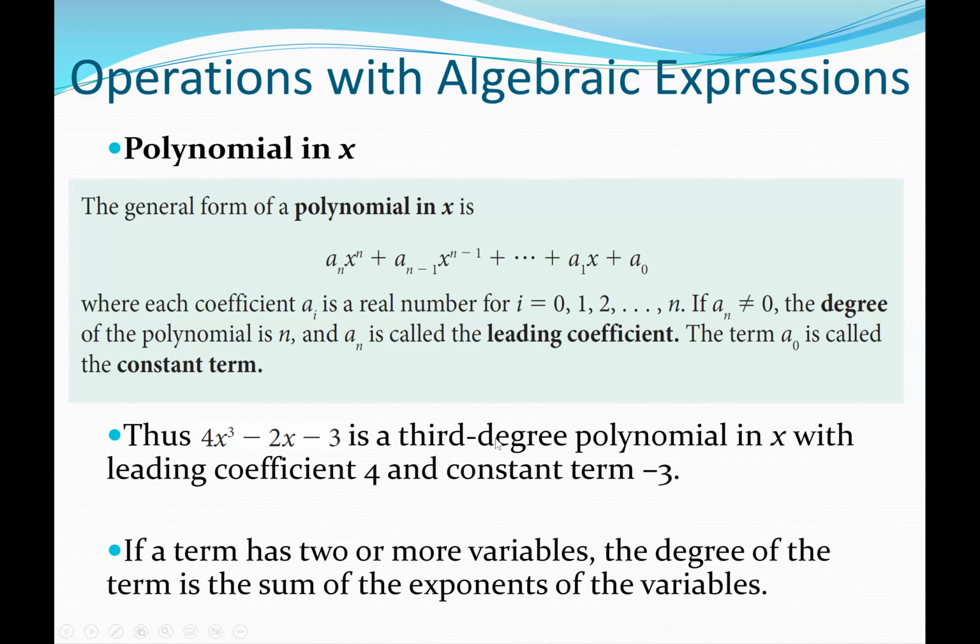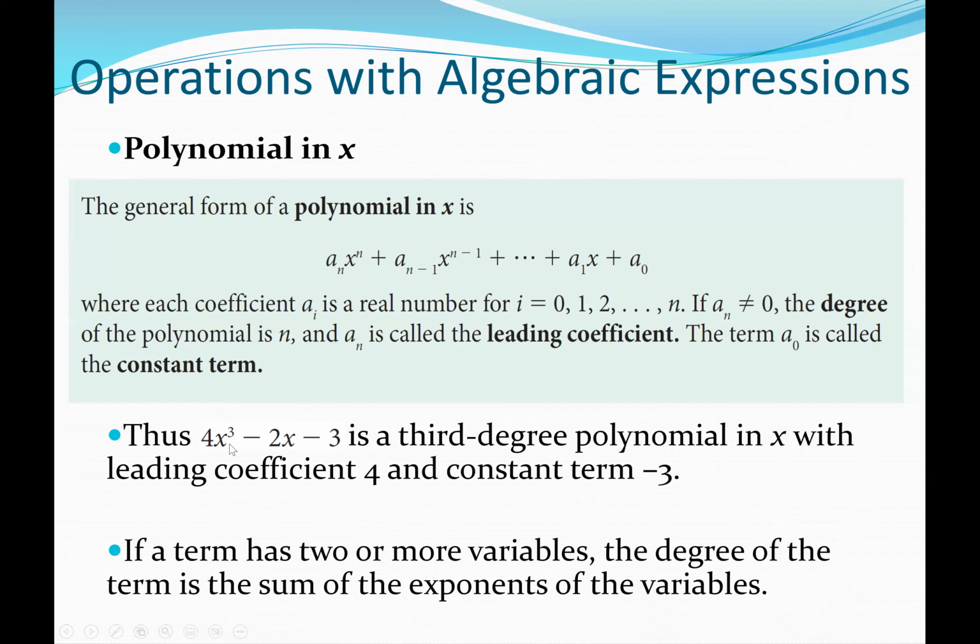There's a reason why we say third degree, because the highest exponent is 3. Now, if a term has 2 or more variables, then we say the degree of the term is the sum of the exponents of those variables. In this section, we have only x variables.